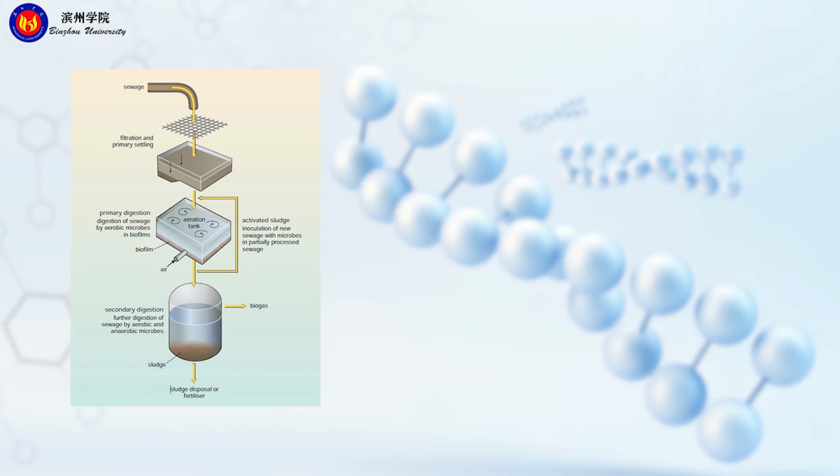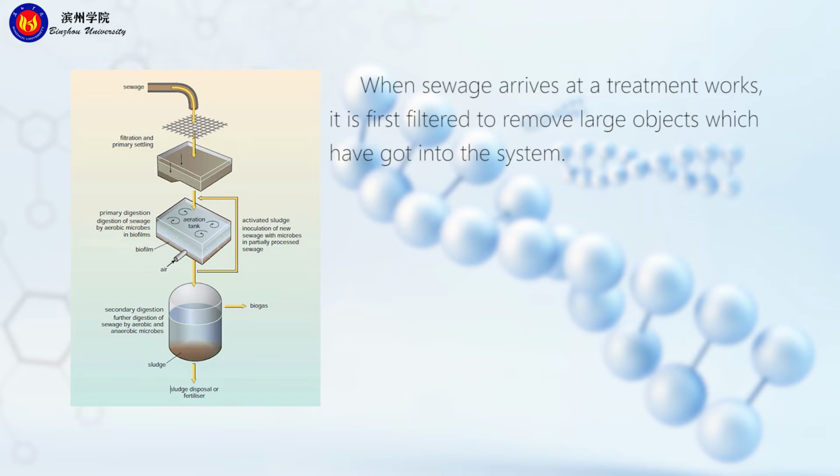Please look at the picture. It shows how sewage treatment works. When the wastewater arrives at a treatment works, it is first filtered to remove the large objects which have got into the system. These usually go to a landfill site or incinerator.